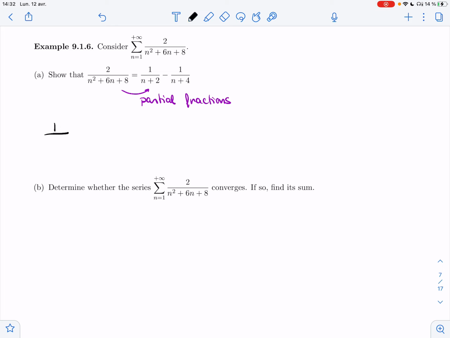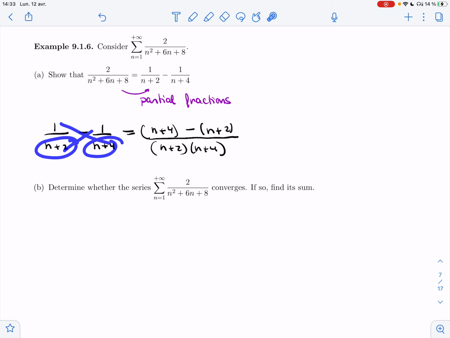All right, so 1 over n plus 2 minus 1 over n plus 4. I'm going to put it together: n plus 4 minus n plus 2, over n plus 2 times n plus 4. Common denominator is the product of the two.